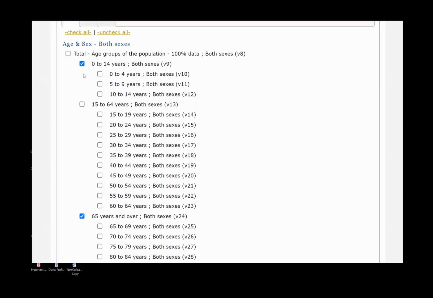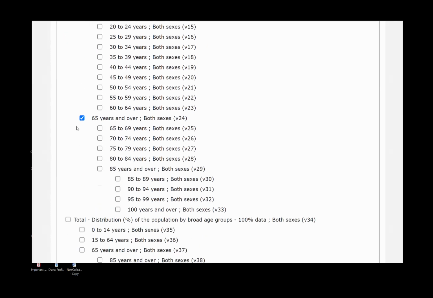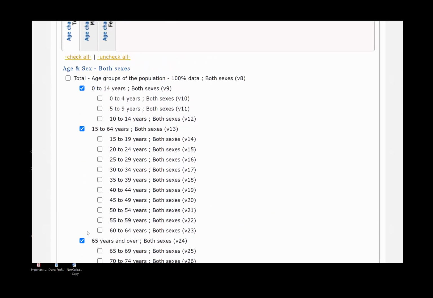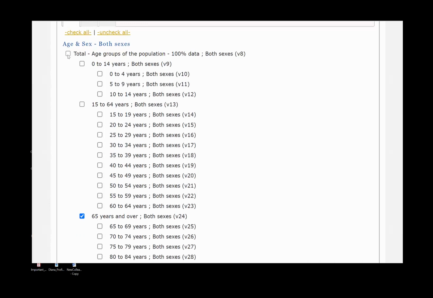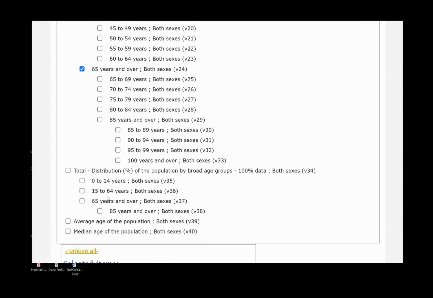Now, if you click 0 to 14, 15 to 64, 65 and above, summing these three selections together is the same as the one total for all age groups in the first unindented category. So in my case, I'm just interested in 65 and above, and perhaps I want to later calculate the total population in a particular neighborhood or DA who are above 65 years old.